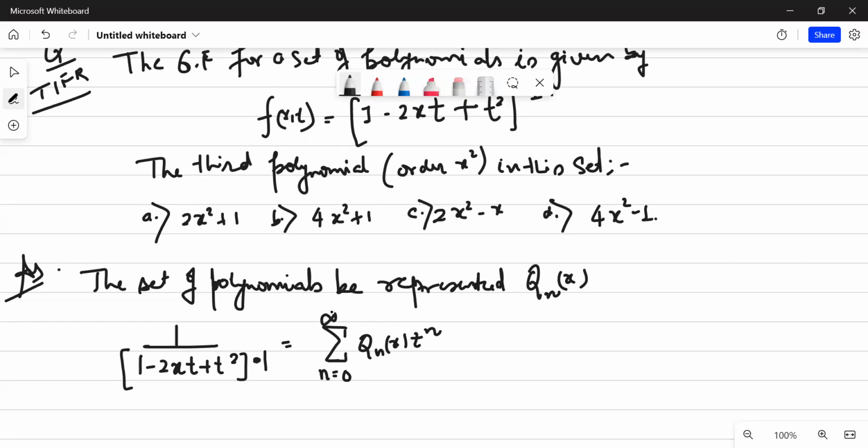If I expand both sides, we have to just see the polynomials which contain the order x square from both of the sides.